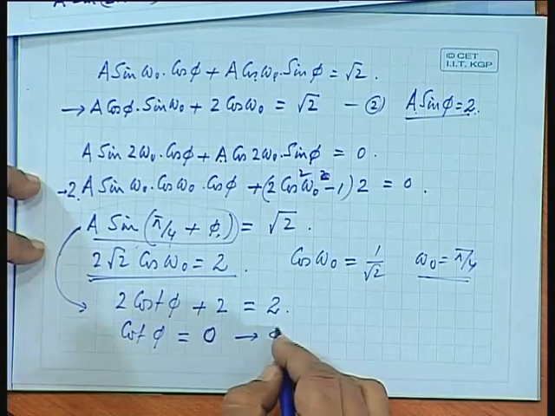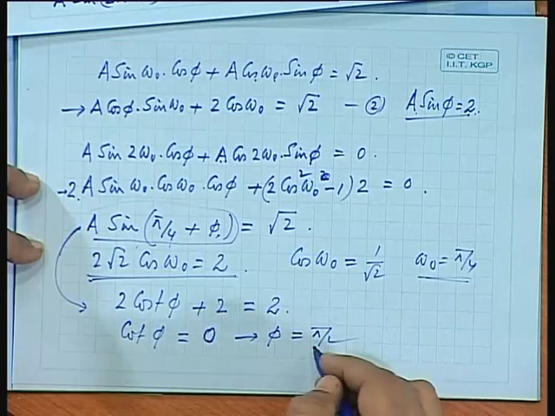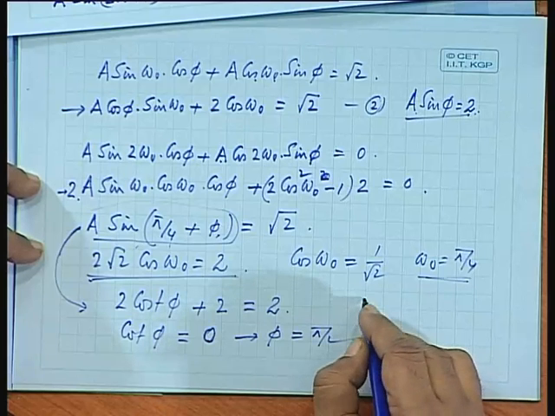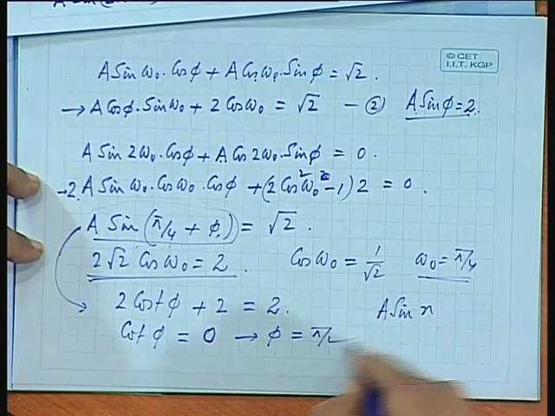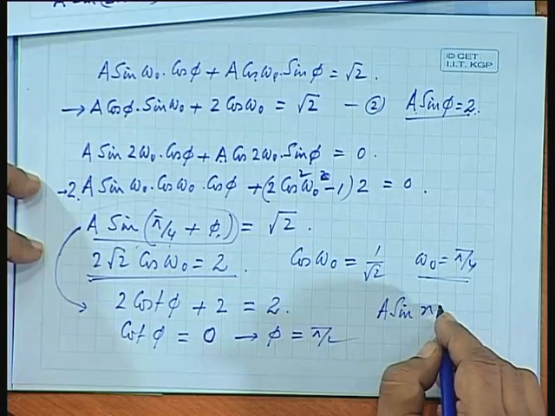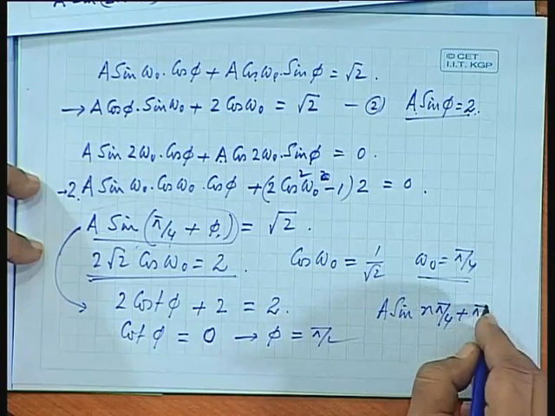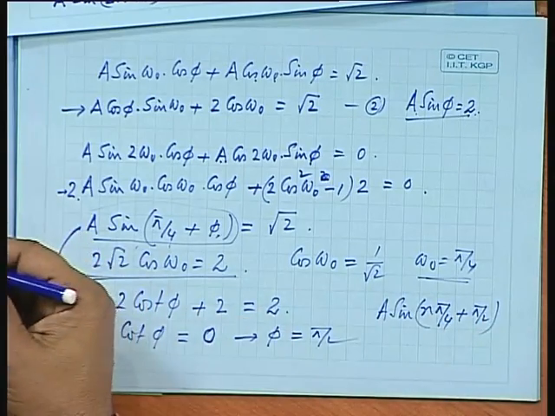So phi is pi by 2. So it will be a sin(n pi by 4 plus pi by 2), which means of course cosine. Is that all right?